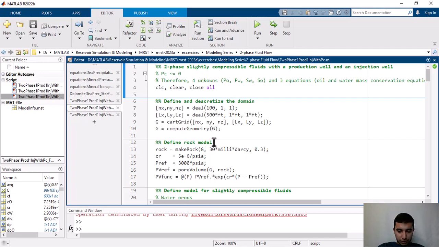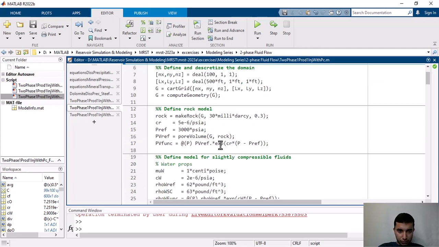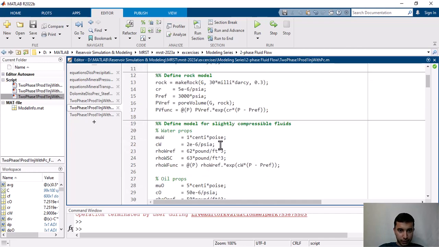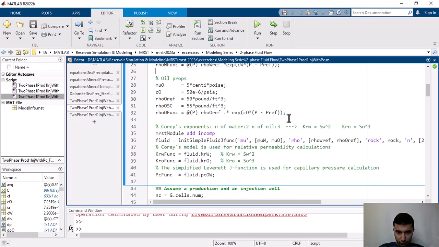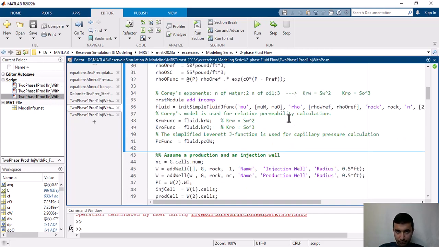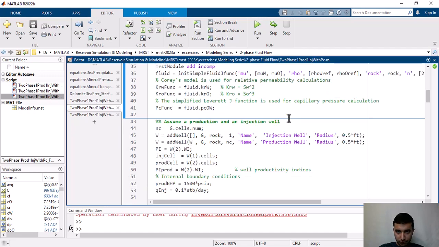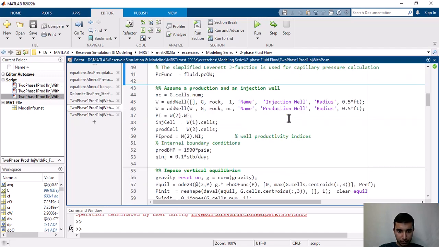So these sections of the code are the same as the previous one, so I'm not going to talk about them. And as you see here, let's talk about those parts that are different from the previous code.